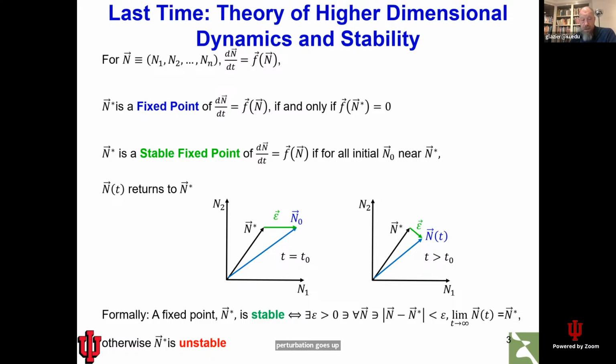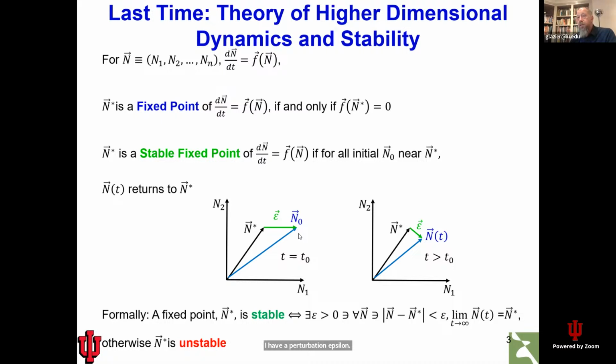And that isn't a particularly challenging concept per se, but it does require a little bit of linear algebra to make that mathematically precise. And so here I've started out with a fixed point, n star. I have a perturbation epsilon that takes me to a new initial position at 0.